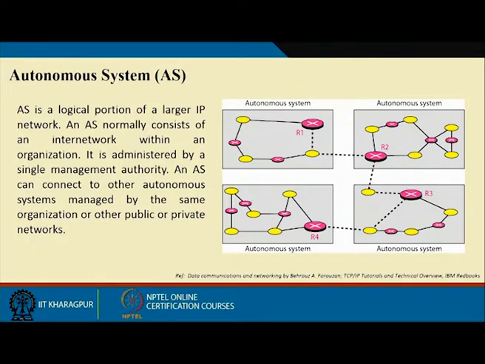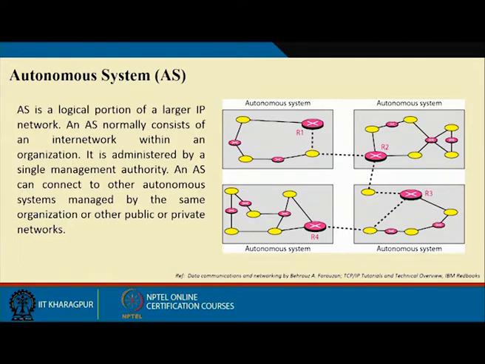So, in a sense, what we have, as the figure shows, is several such autonomous systems across the network, and each autonomous system is identified by a unique number that we get from the international regulatory authority, so that every autonomous system has a unique number to identify it.